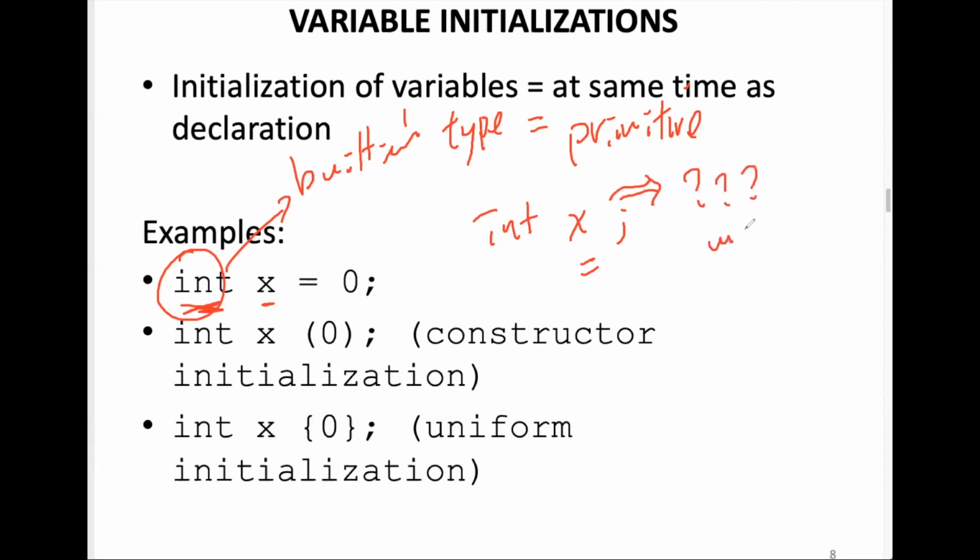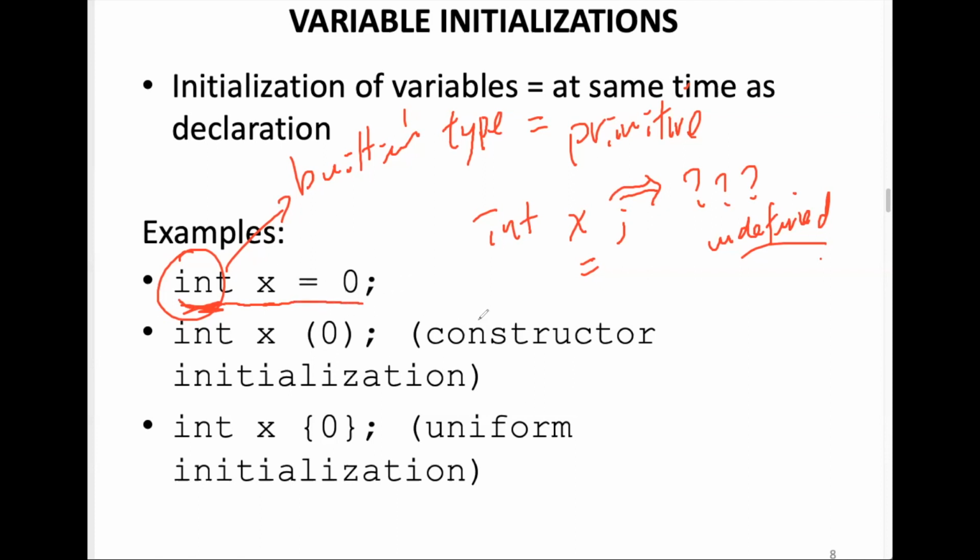This is what we call undefined. You do not want to leave anything undefined in your program. So at some point, you're going to have to remember to initialize it or assign a value to it.